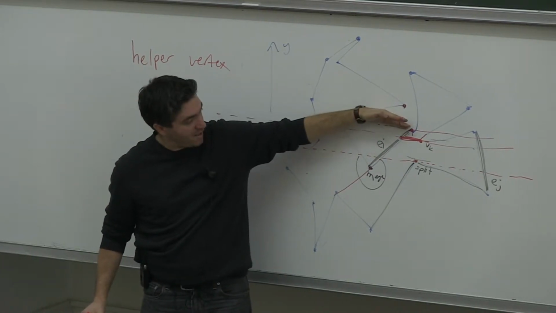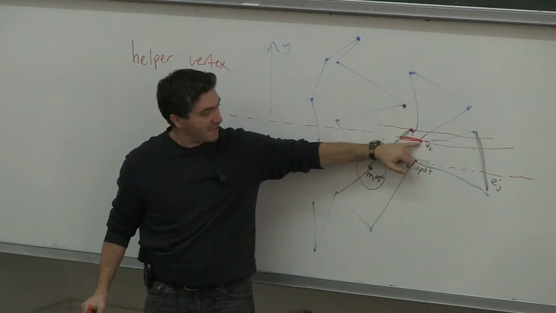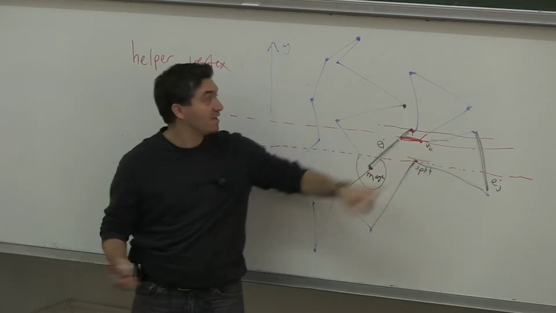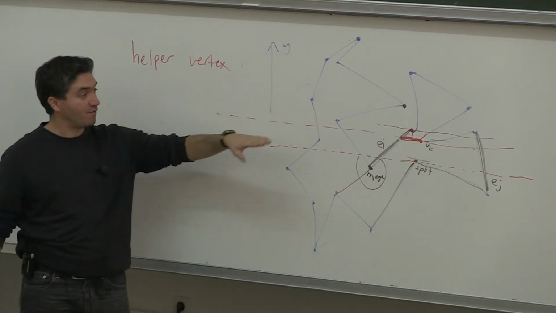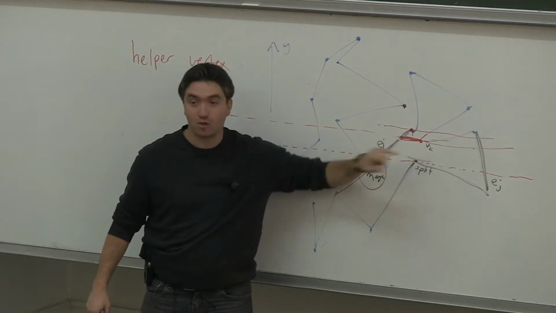But afterwards, when I come to this VK during plane sweep, I see that VK's left neighbor is EI, and I change the helper vertex of EI. I cross this part out, and I set it to VK.